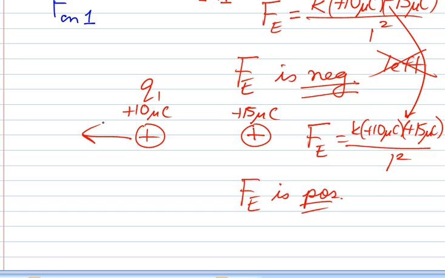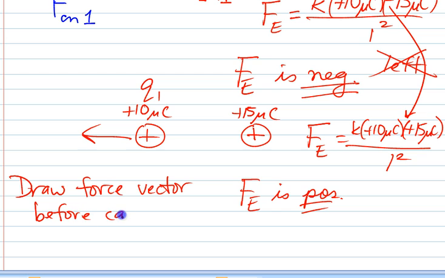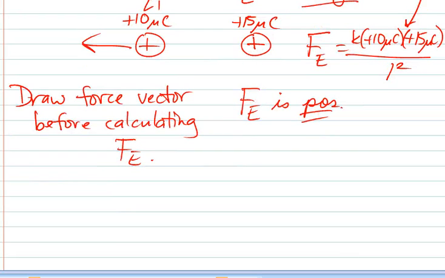So the moral of the story is try to draw the force vector before you calculate the force. So draw the force vector before calculating Fe. And when you do that, you'll have a much clearer image of which way things are going.